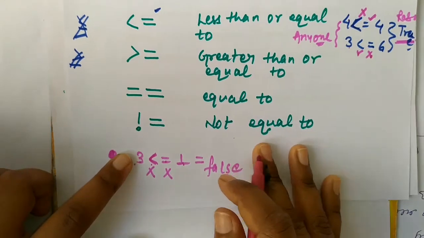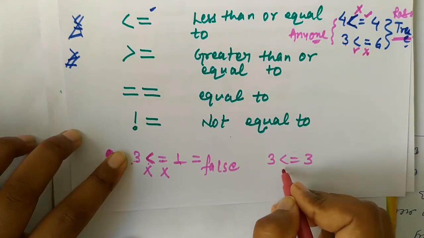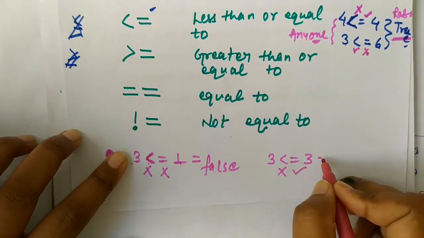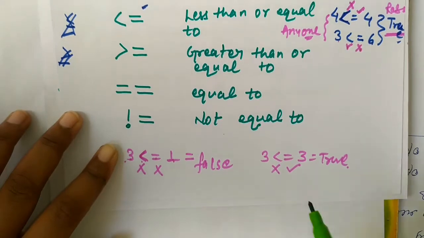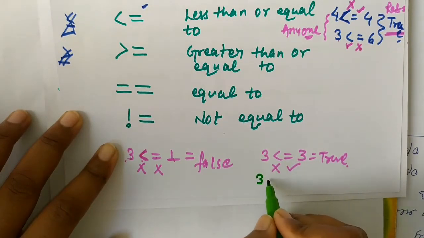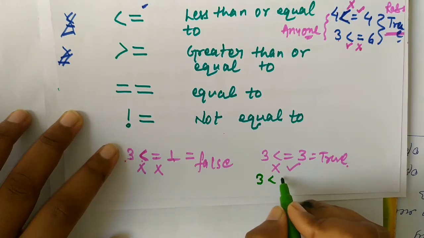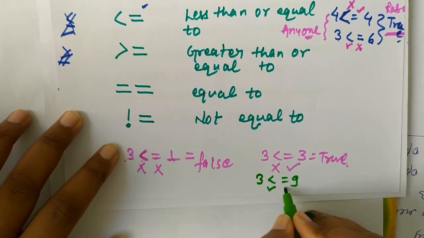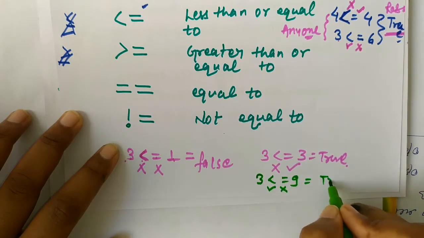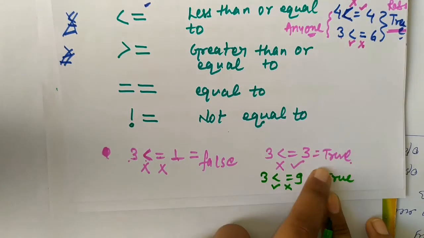But if I write 3 less than or equal to 3, less than is false, but equal is true, so the result is true. Again, suppose 3 less than or equal to 9. Less than is true, but equal is false, so it is also true. If any one is true, the result is true.